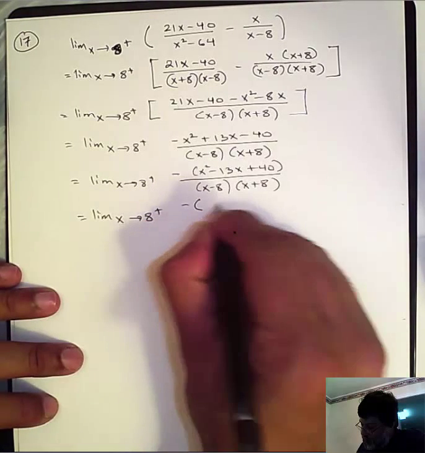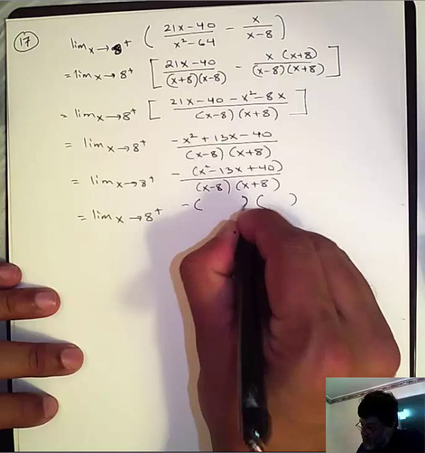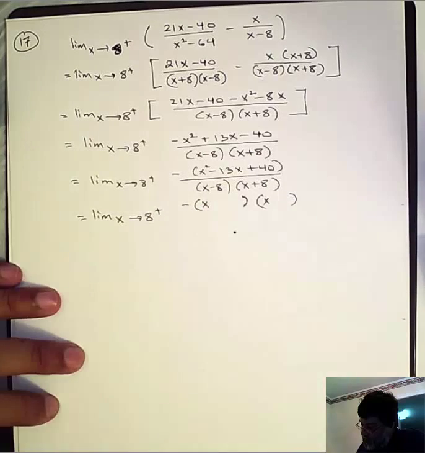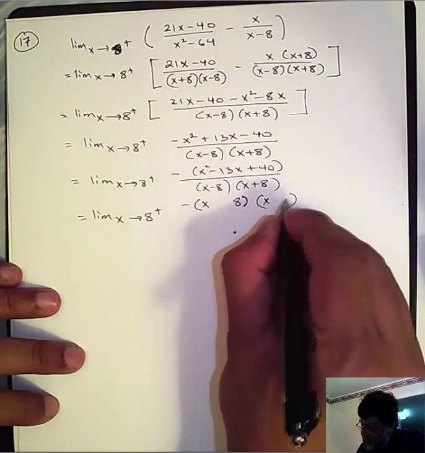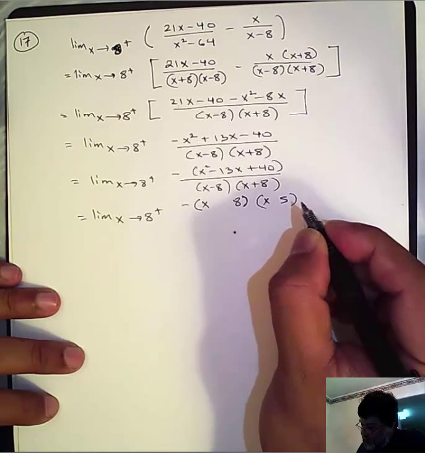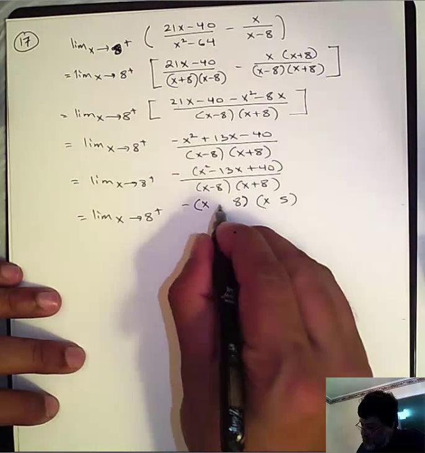We can factor this out as what? Eight and 5. Negative, negative.